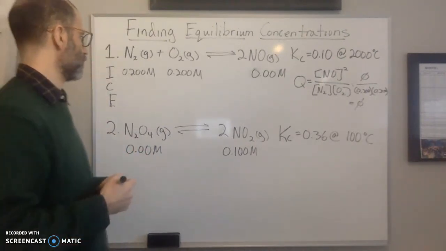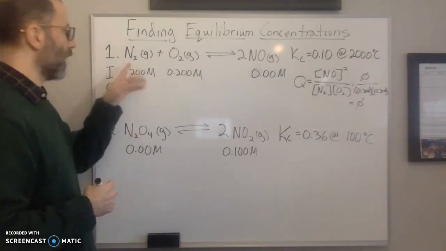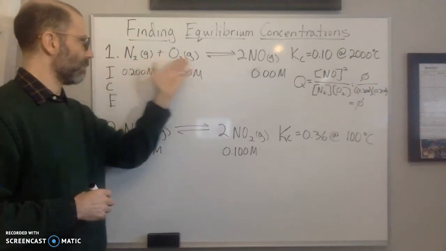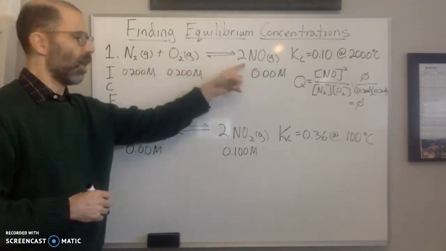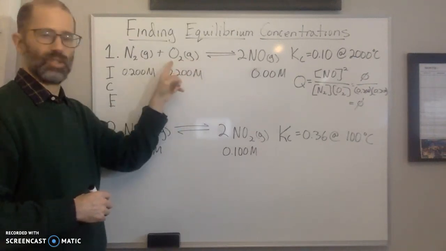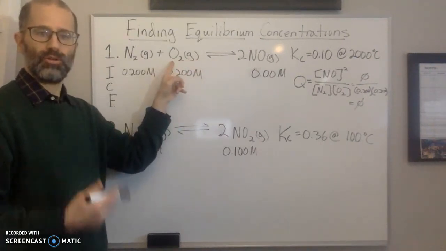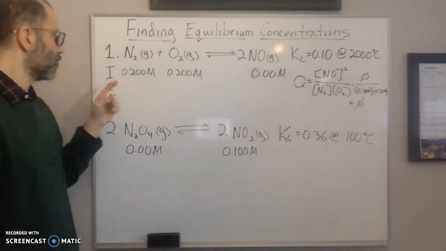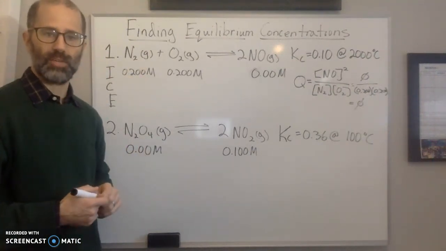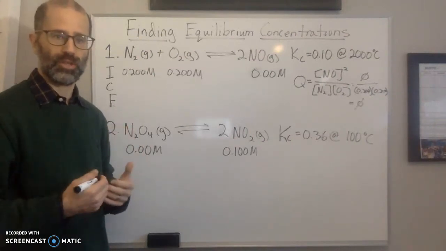Now we're going to look at the balanced equation and the mole ratio of the substances using their coefficients. That tells us how much change is involved stoichiometrically.